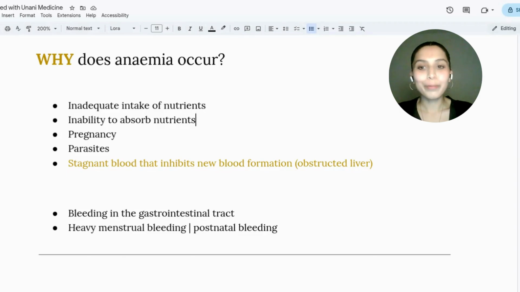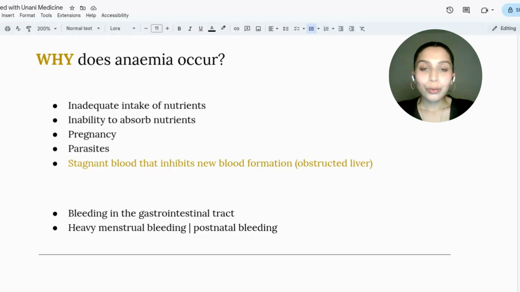And then again, we have pregnancy. Pregnancy doesn't itself cause anemia, but it's just a stage where anemia can occur more when the pregnancy is not being handled as well. And then fourthly, we have parasites that affect the production of red blood cells, and that's because parasites love to feed on iron.